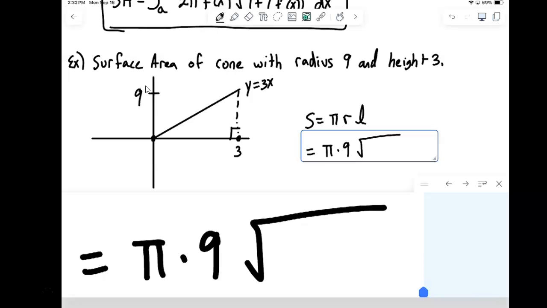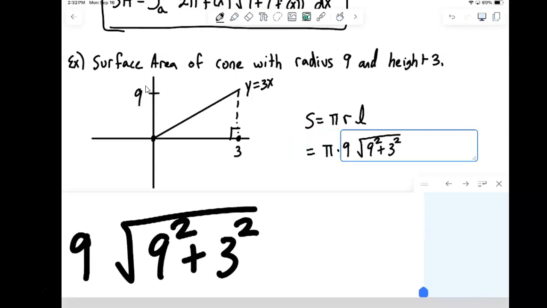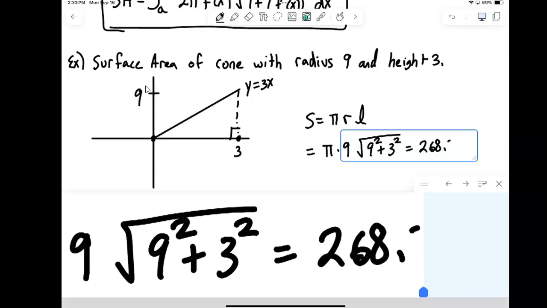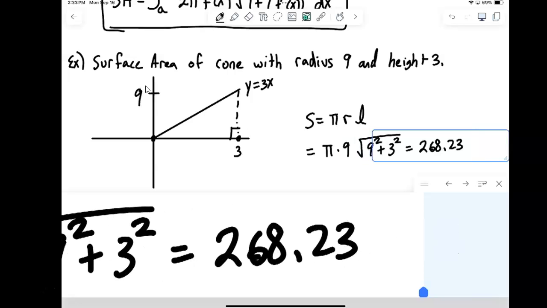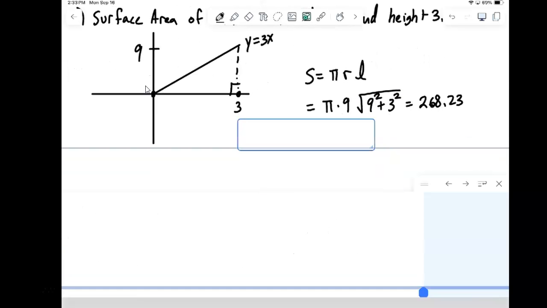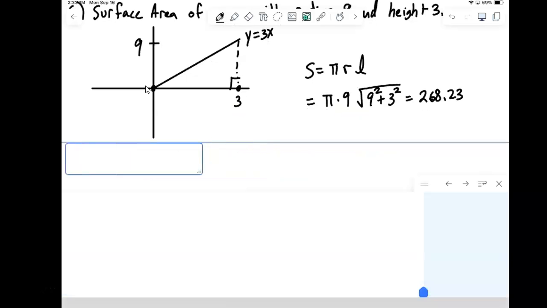That would be the square root of r squared plus h squared. And when we work that out, we get 268.23 square units. So that's the actual surface area found using the formula for a cone.